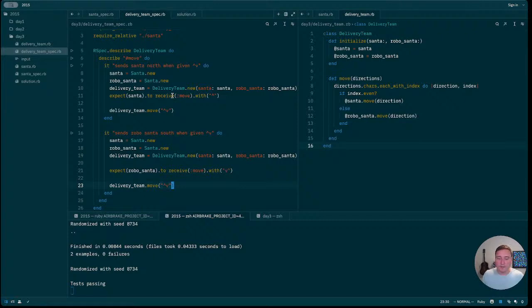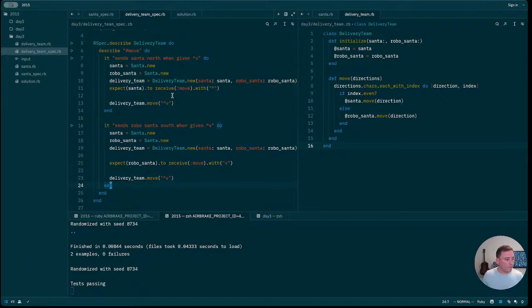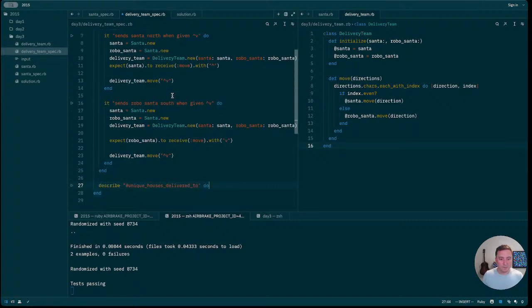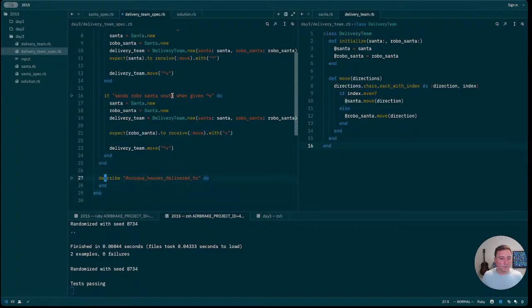Cool. So we got those directions, and then what we want is to also have a unique house is delivered to, and it is 3 when given up down.